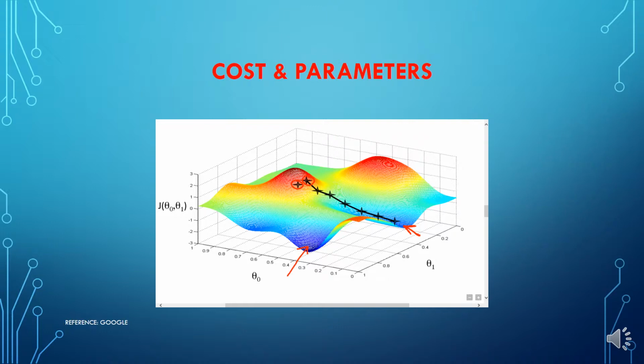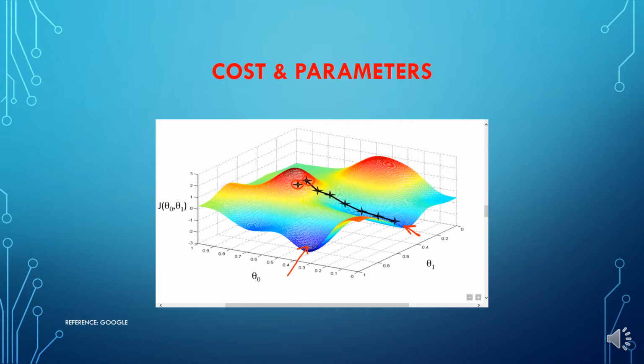If the cost is high, then error is more. If the error is more, the predictions using the model will have a large error. We want to estimate the parameters correctly so that our predictions are correct.